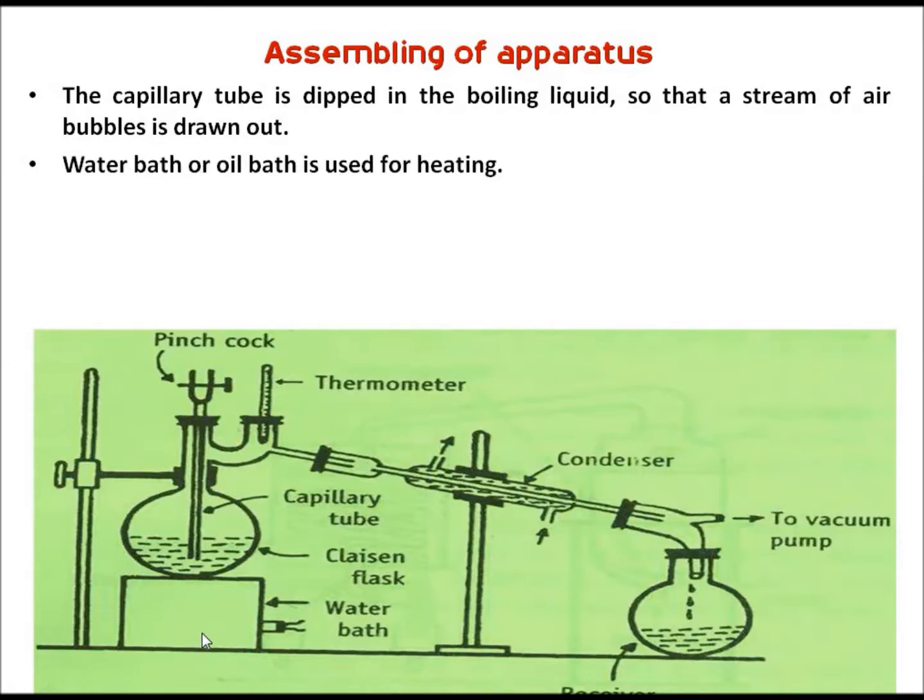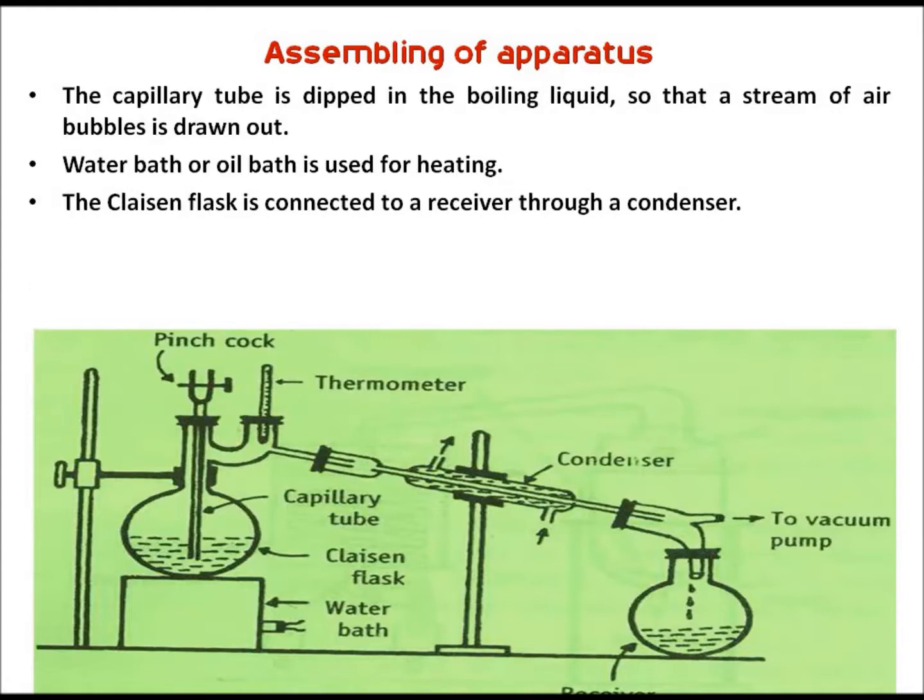Generally we use a water bath to heat the liquid present in the Claisen flask. Now this Claisen flask is connected to the receiver through a condenser. It has to pass through a condenser. This arrangement is similar to that of the simple distillation apparatus, right?